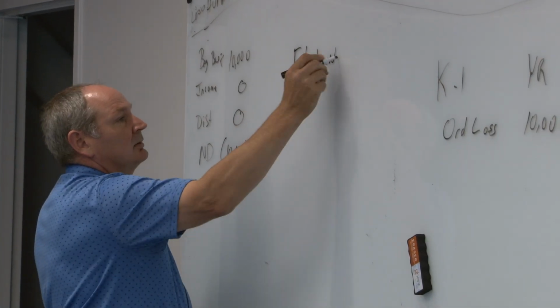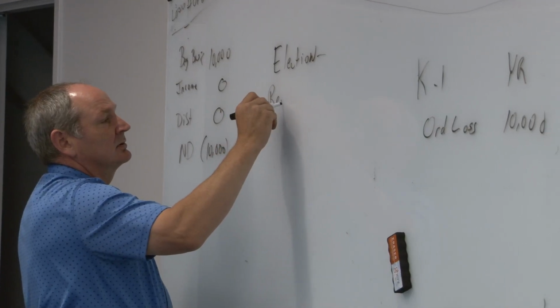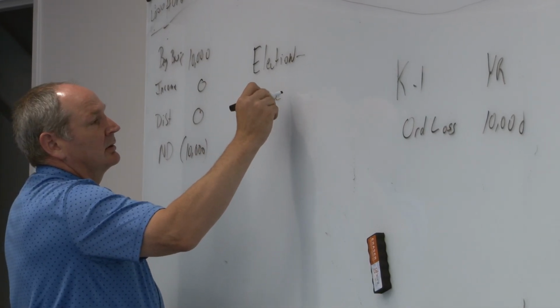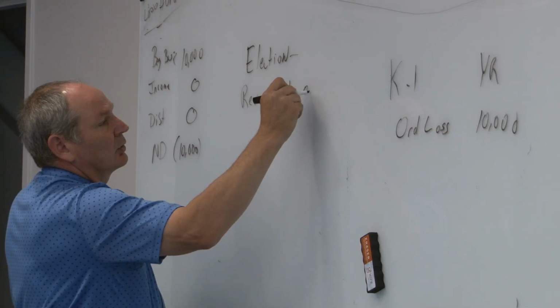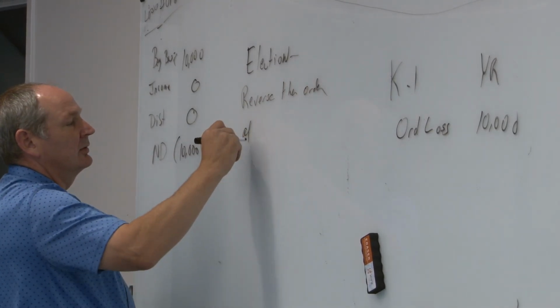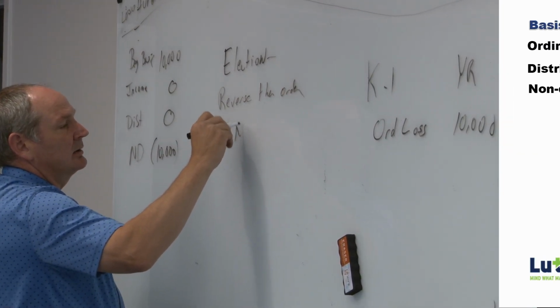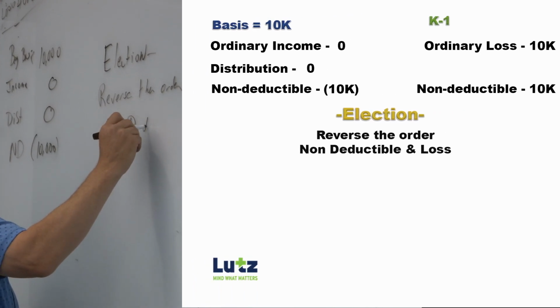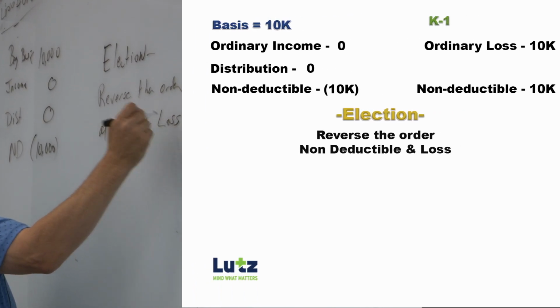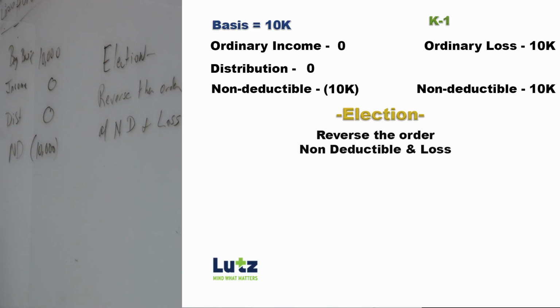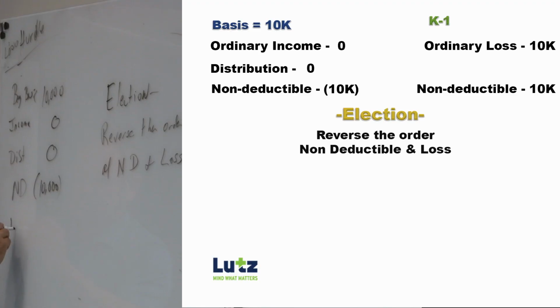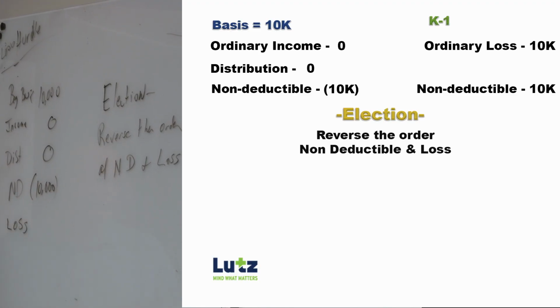That you can reverse the order of non-deductible and loss. Under the normal rule, non-deductible goes first, correct? But this election says that I can reverse that.